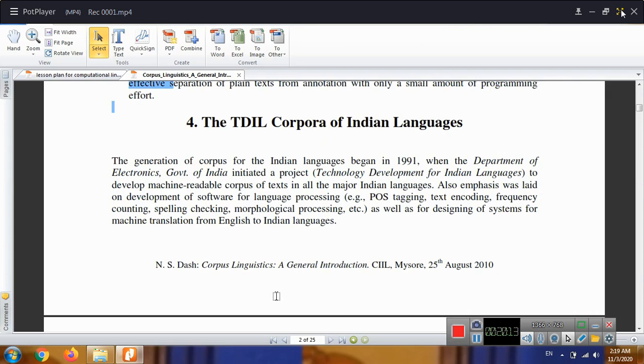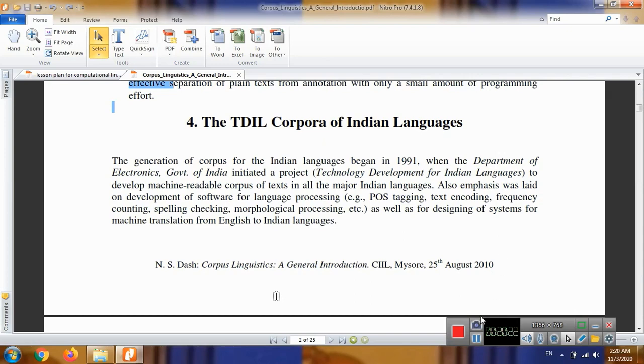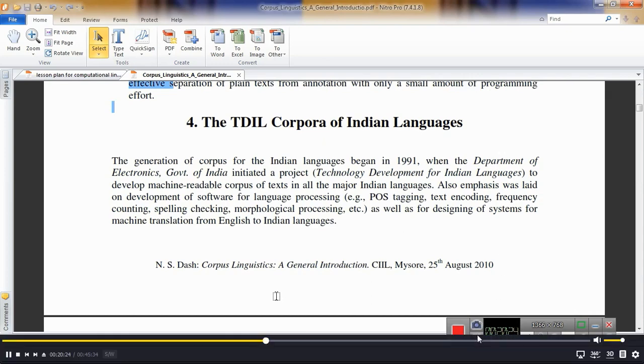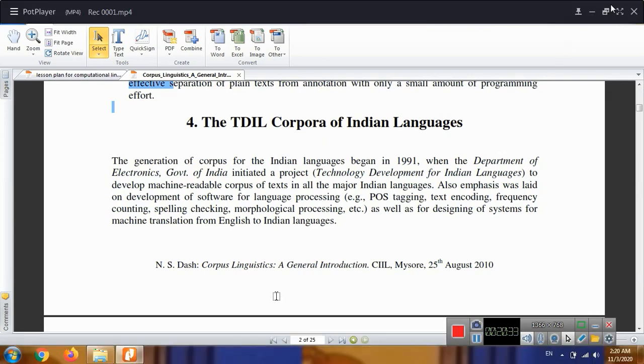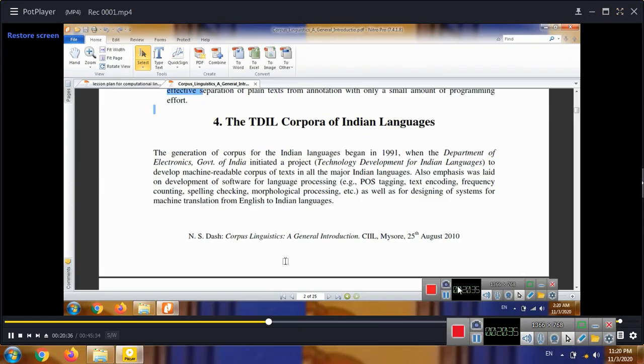Also, emphasis was laid on development of software for language processing, like POS tagging, text encoding, frequency counting, spelling checking, morphological processing, etc., as well as for designing a system for machine translation from English to Indian languages. This paragraph is not very important.